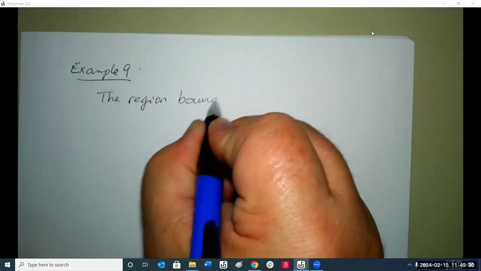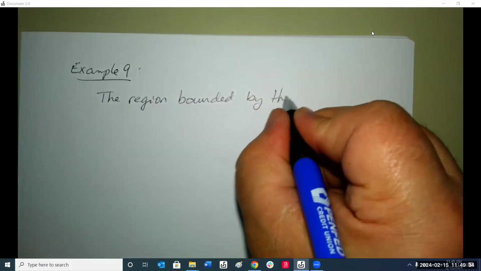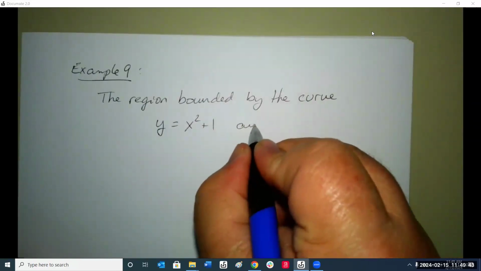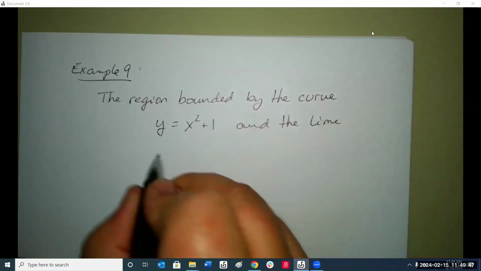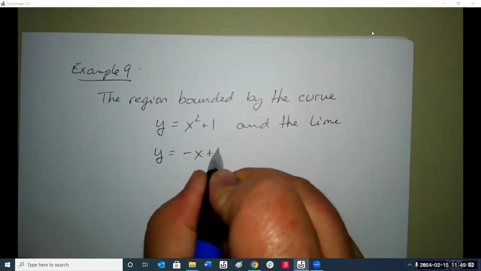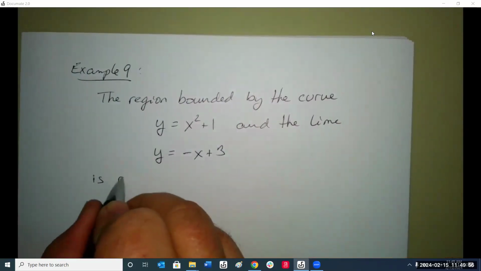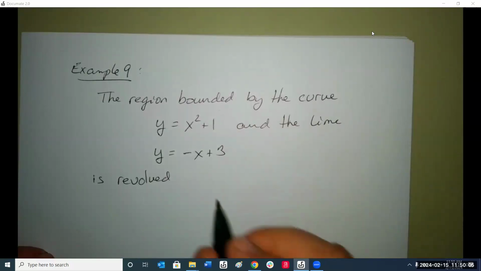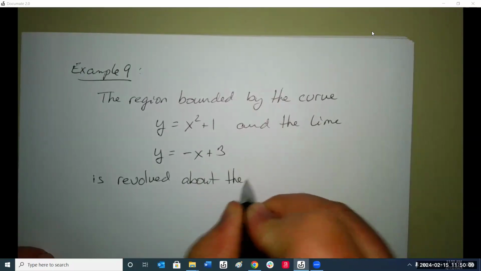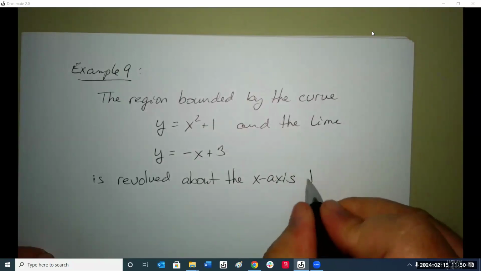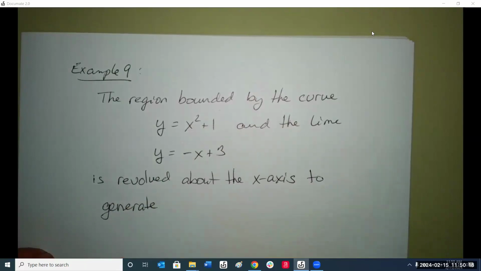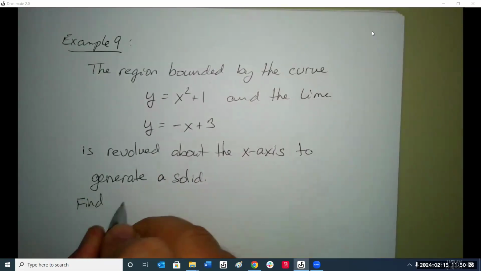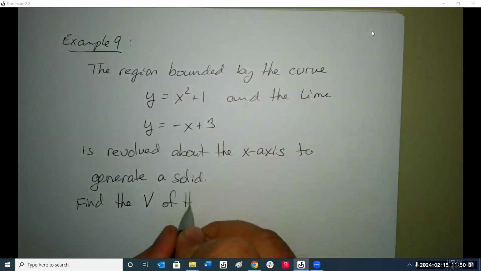The region bounded by the curve y equals x squared plus 1, and the line y equals negative x plus 3, is revolved about the x-axis to generate a solid. Find the volume of the solid.